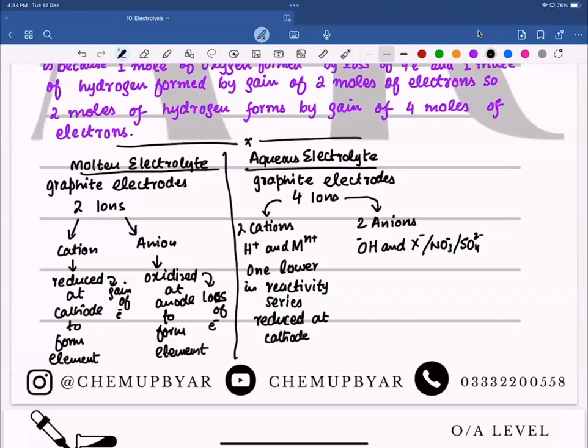So you have to memorize the reactivity series. And here, if diluted, then the hydroxide ion is oxidized, no matter what the anions are.